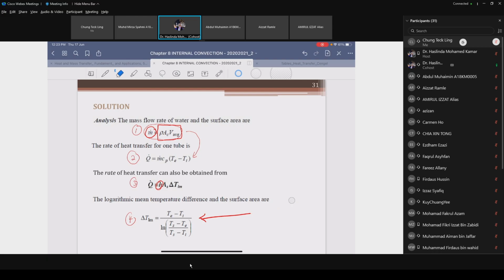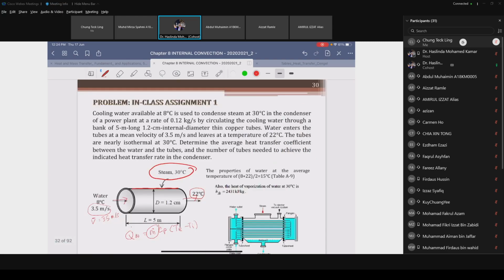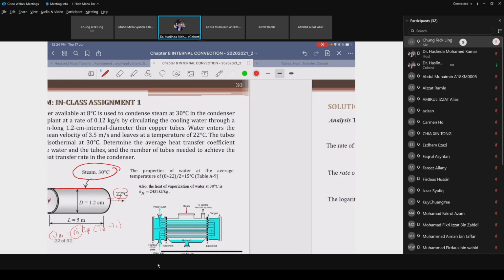Ada interaction. Okay, saya bantu. So the V is 3.5 meter per second, and then the cross-sectional area is given atau tak? I think it provides the diameter. Berapa diameter dia? 1.2 cm, yeah?